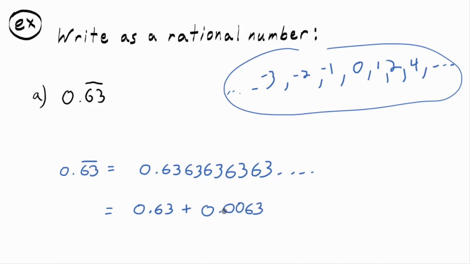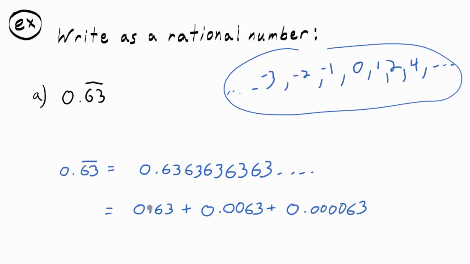So that when you add these two numbers back together, 0.63 plus 0.0063, you get 0.6363 back again. And then if you add 2 more zeros each time and then a 63, you'll have your infinite series. So what should the next term look like? 2 more zeros and then a 63.